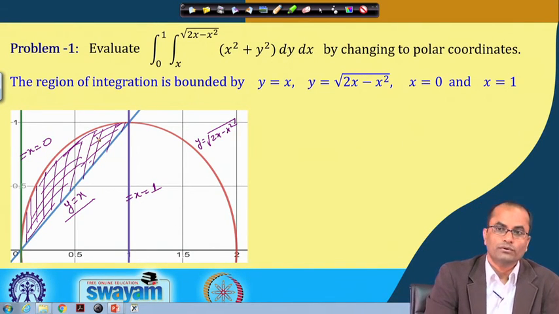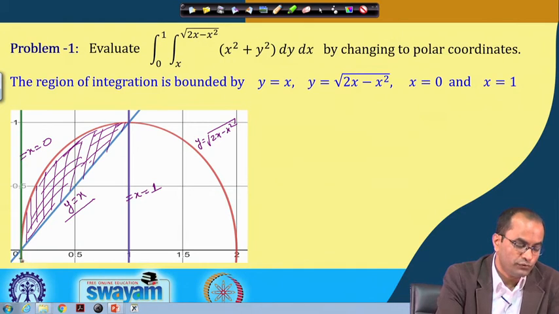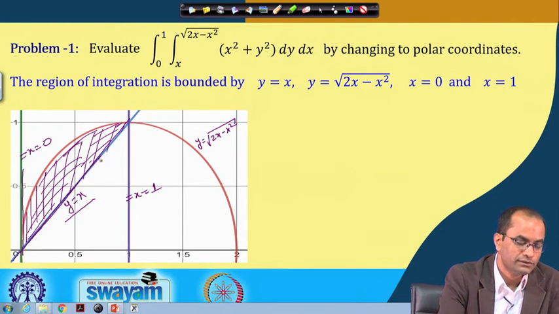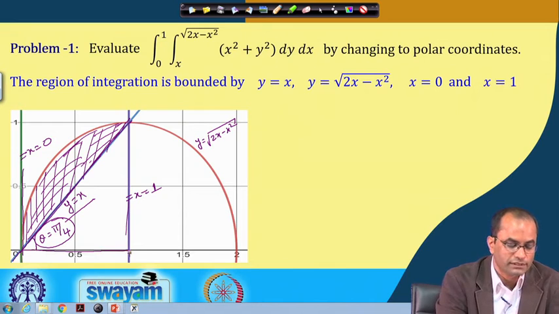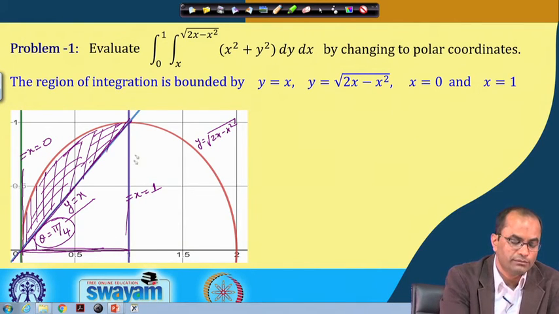So, for the polar coordinate, for the limits of theta, we go from this line to this one. Here it is x is equal to y line. So, in terms of theta, it is pi by 4. So, tan theta is 1, because if this is 1 and this is also the same 1, tan theta will be 1 by 1.